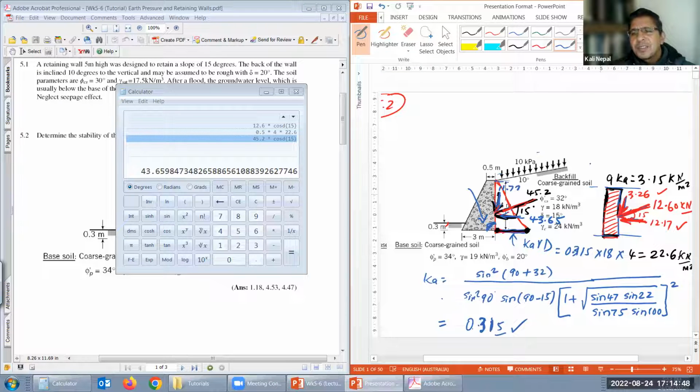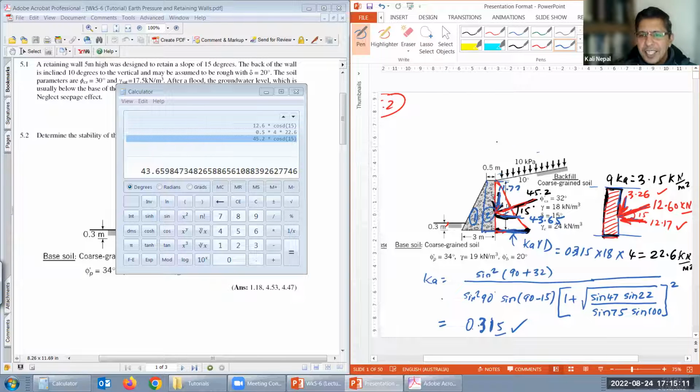So from the backfill, we already calculated all horizontal and vertical. Easy, isn't it? Now because of the self-weight, I need to divide this into, this is a very easy wall, only 2 parts. That's the one rectangle and that's the other. I write this as 1 and that as 2.